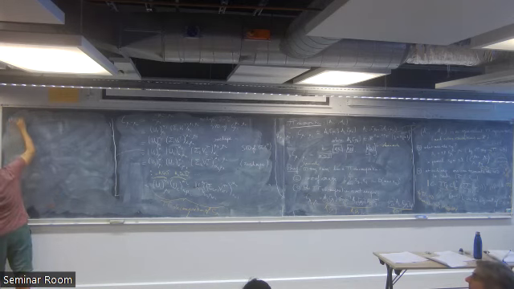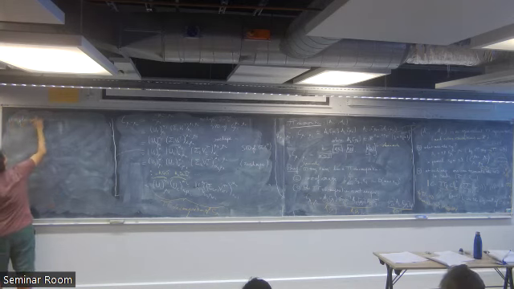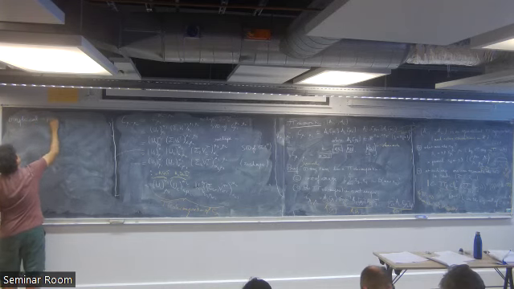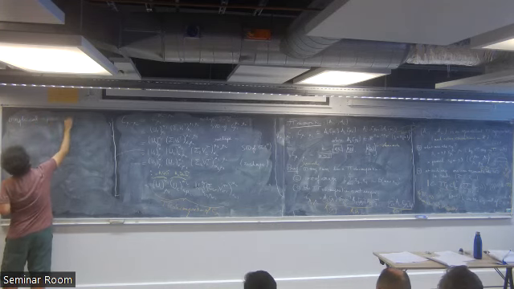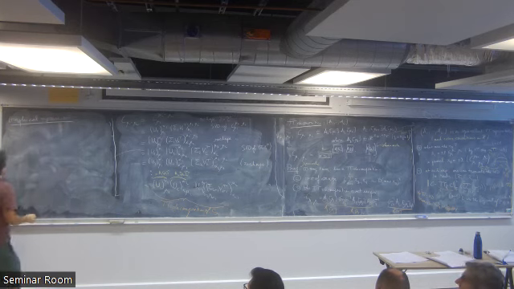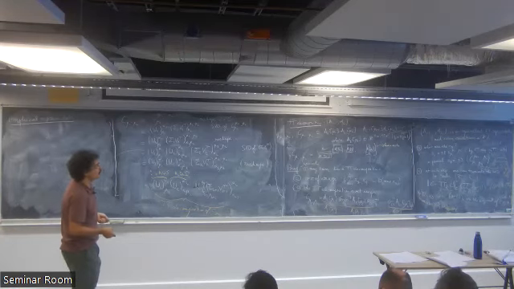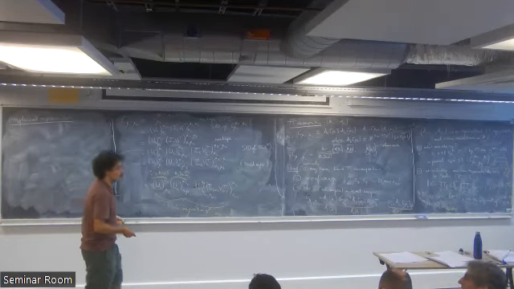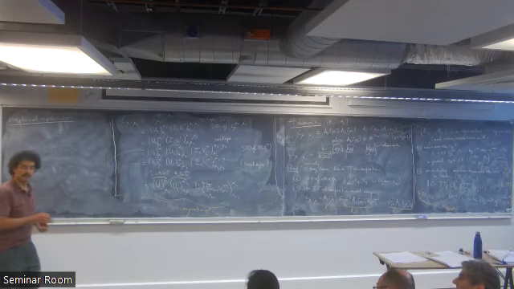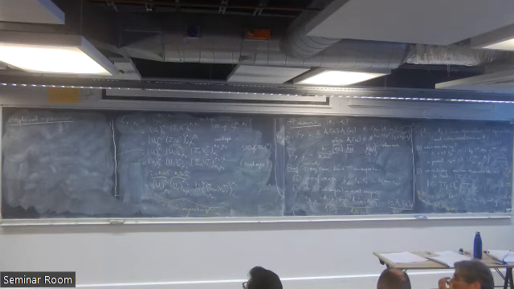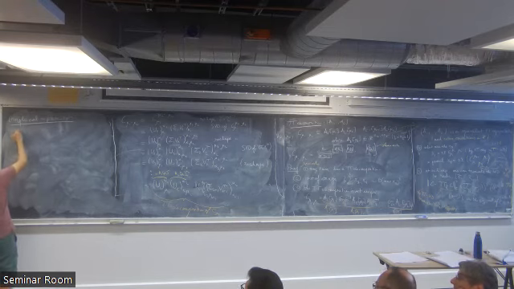Okay, graphical representation. So for the graphical representation, basically it's like any kind of graphical representation. You have a dictionary. So the dictionary is the following.